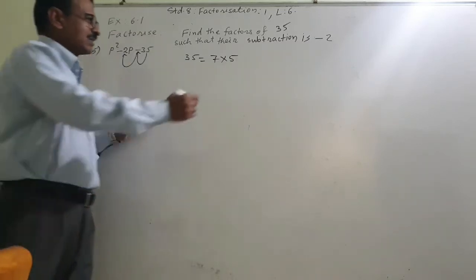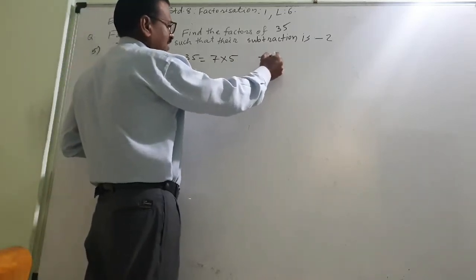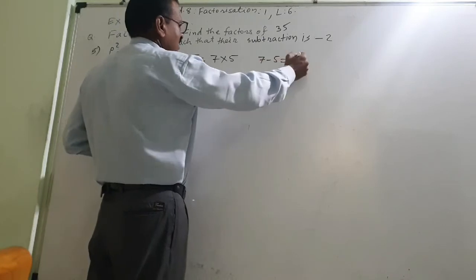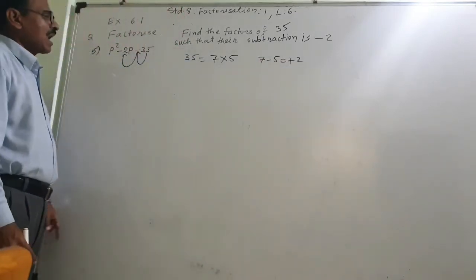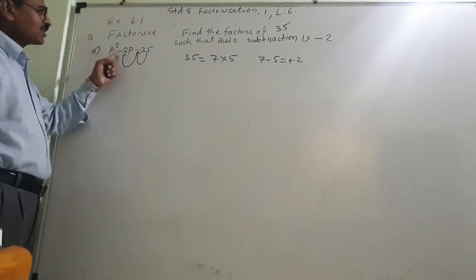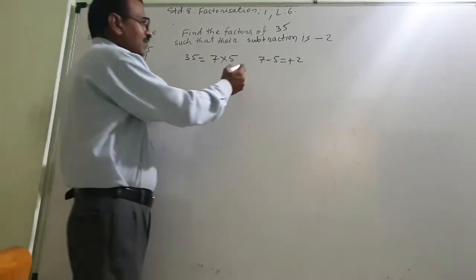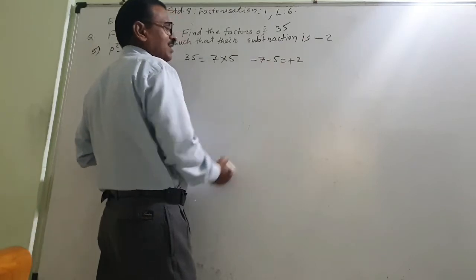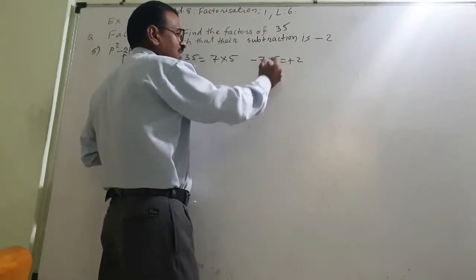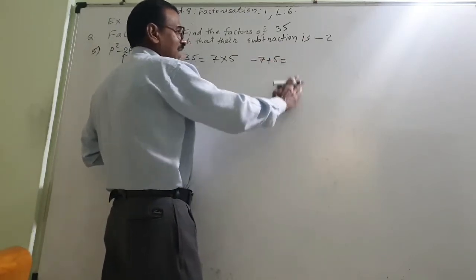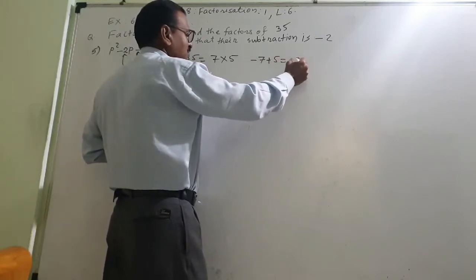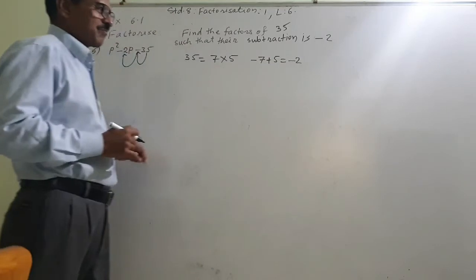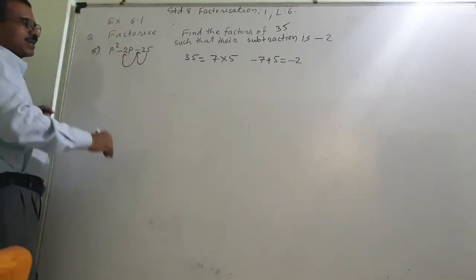Their subtraction 7 minus 5 is plus 2. What I want is minus 2. So this bigger number I will give the minus sign and the smaller number I will give the plus sign, and then see that minus 7 plus 5 is minus 2, the bigger number's sign. So my work is over.